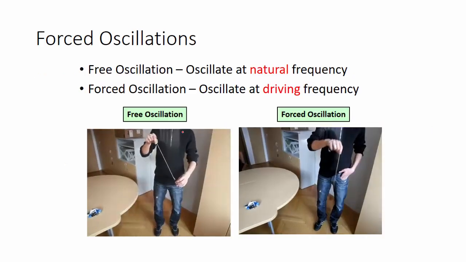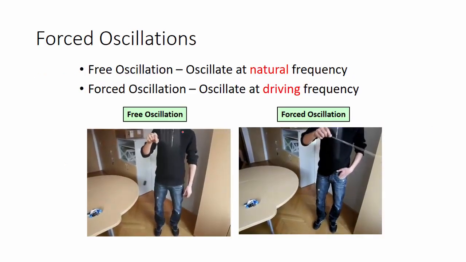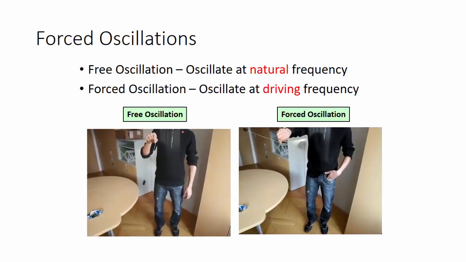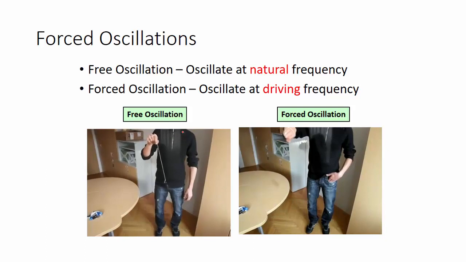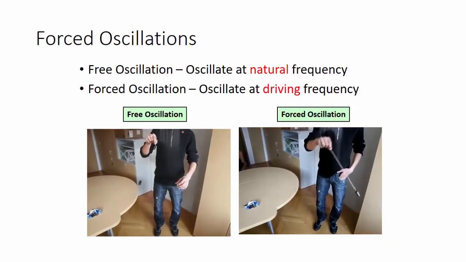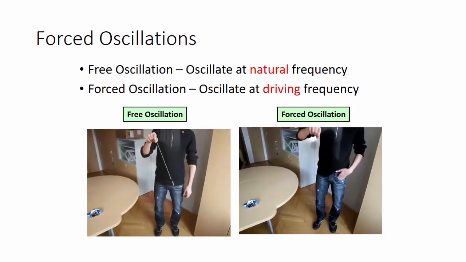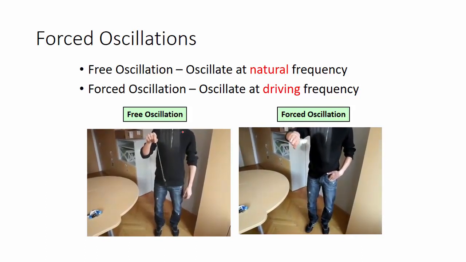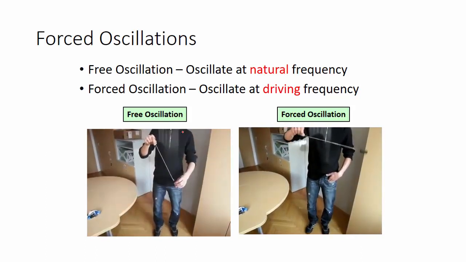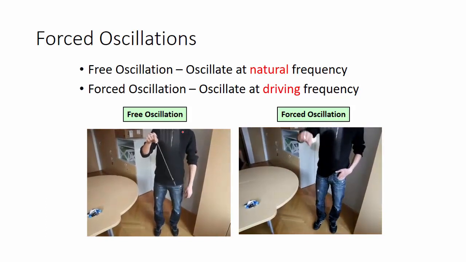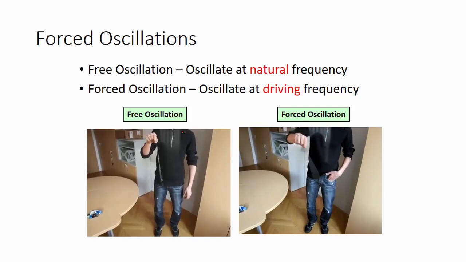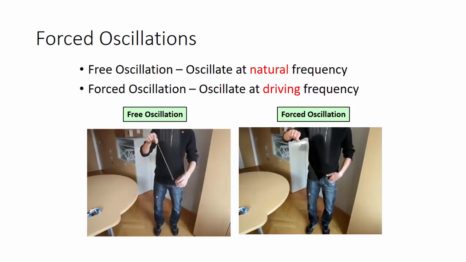Let's look at this gentleman here trying to oscillate a pendulum. On the left-hand side, his hand holding the pendulum is not moving. So on the left, we have free oscillation. On the right, you can see that he is swinging his hand that is holding the pendulum. So he's providing a frequency, and if the frequency is matching, you can actually swing it to a very large amplitude.